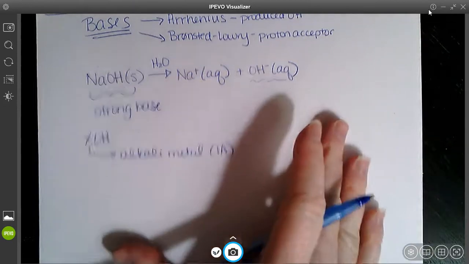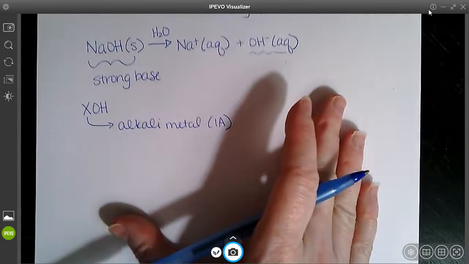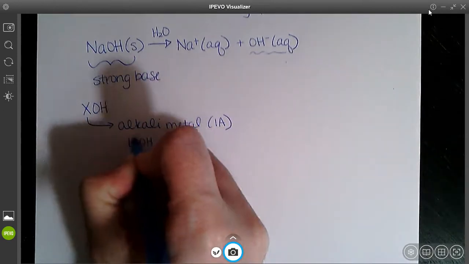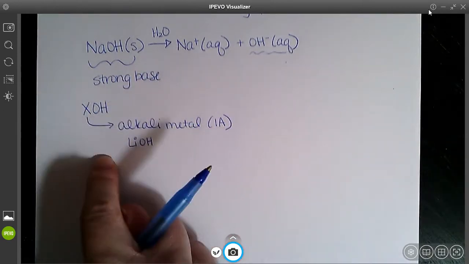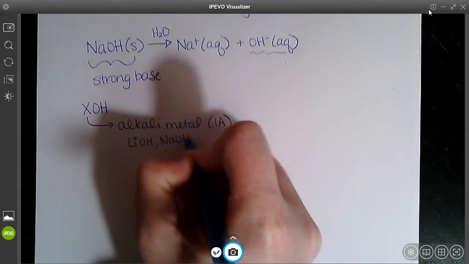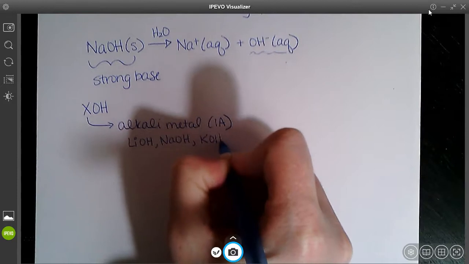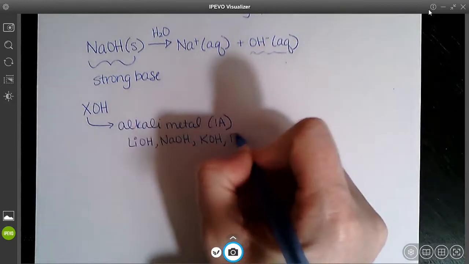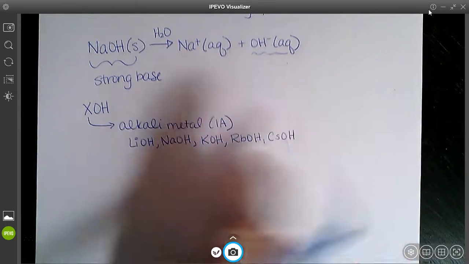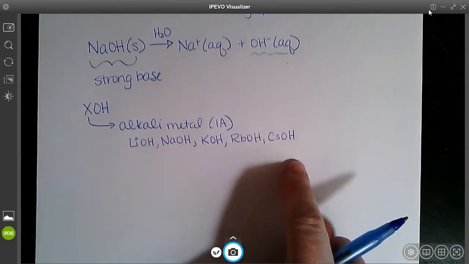Hydrogen doesn't count. So for example, lithium hydroxide. You can look on your periodic table, see how lithium hydroxide's in that far left group. NaOH, it's a strong base. KOH, potassium hydroxide is really common. Rubidium hydroxide, cesium hydroxide. These are all really strong bases.